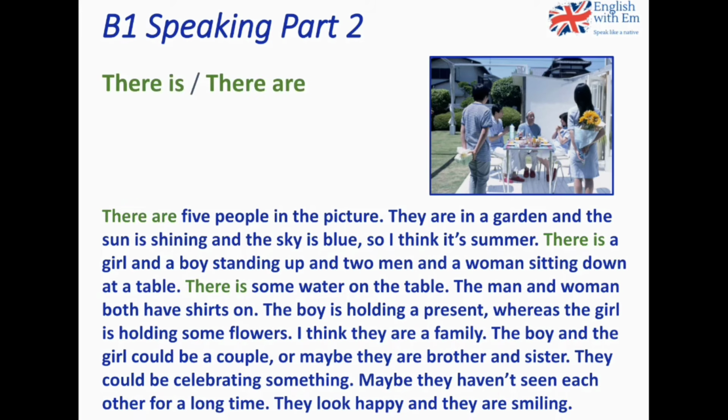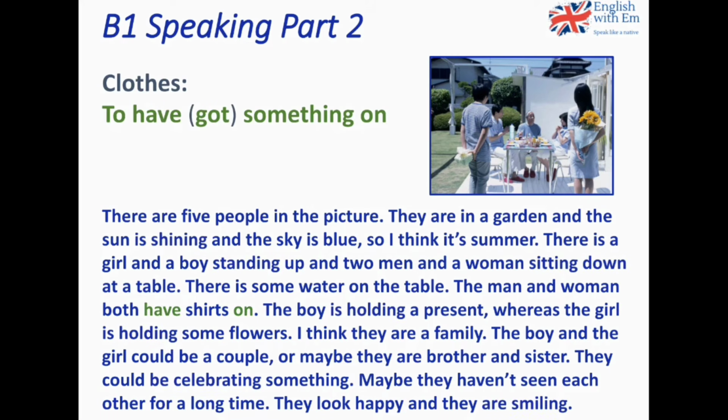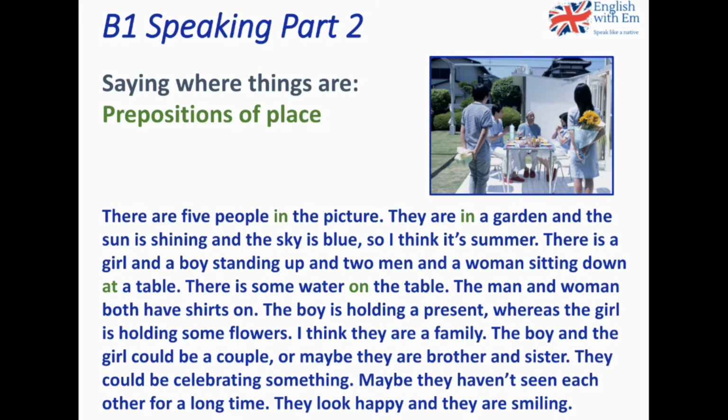So we've used there is and there are to say what we can see. We've used the present simple to talk about states. And the present continuous to talk about the actions. This time, to talk about clothes, we've used have something on.